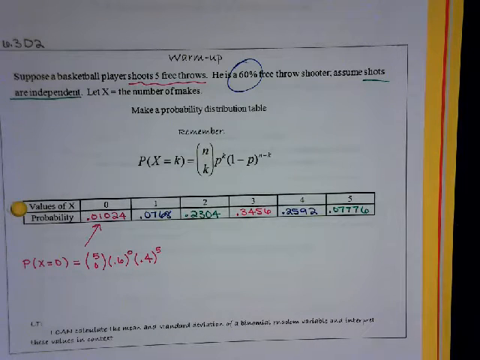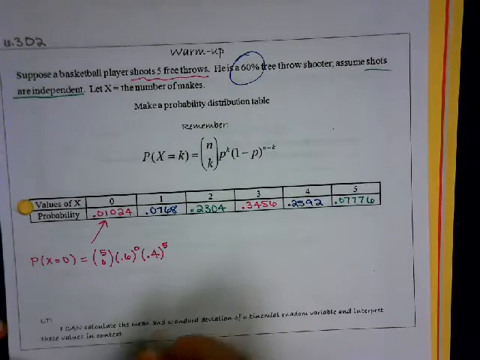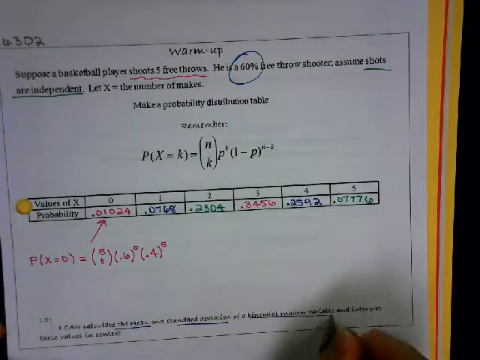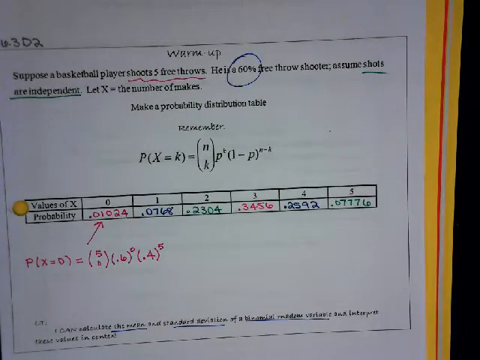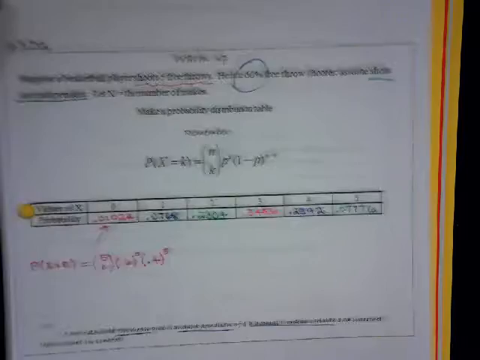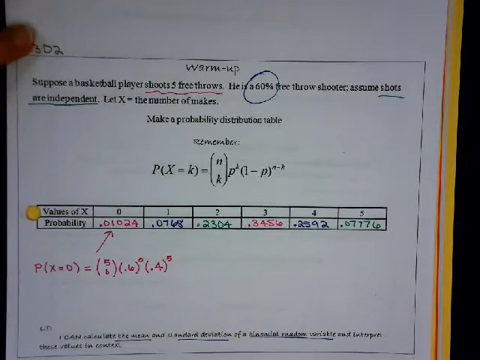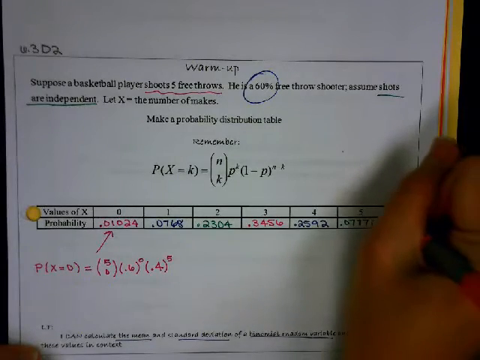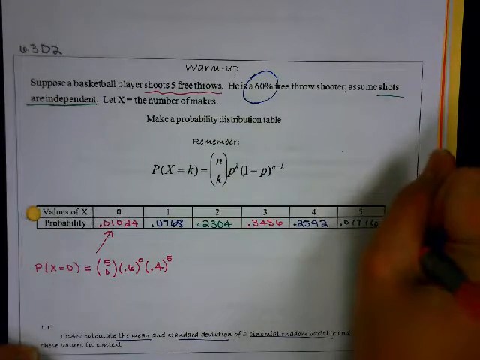And today we're going to learn how to find the mean and standard deviation of binomial random variables. And so the first thing we're going to do is take that probability distribution we just made and put it into our list. So we're going to do list 1 and list 2.